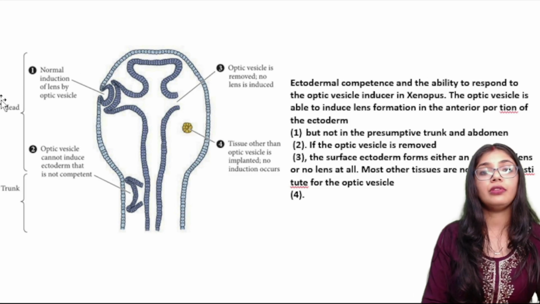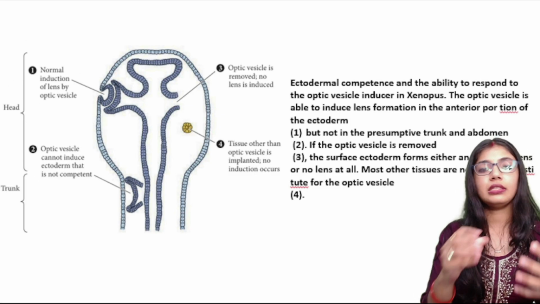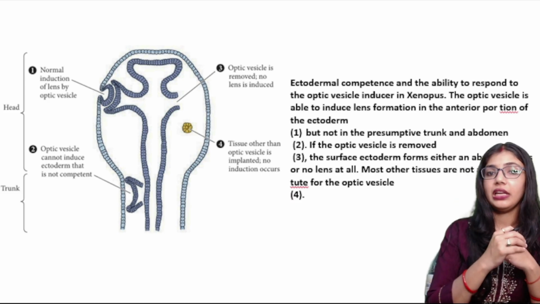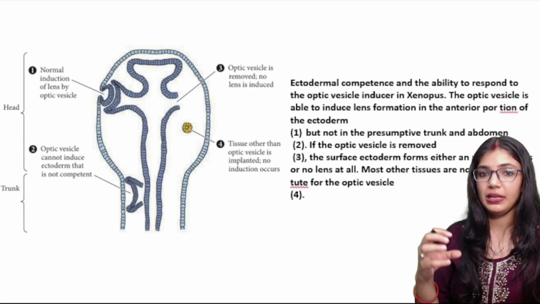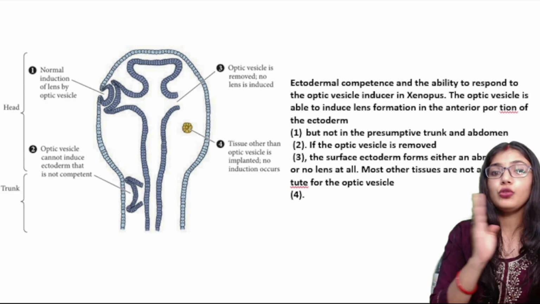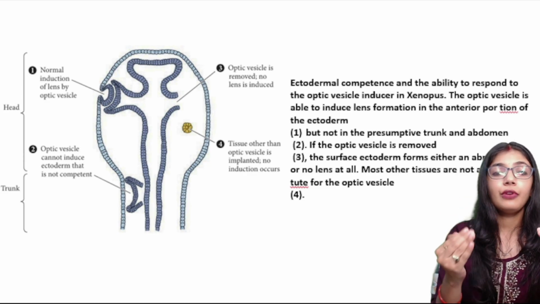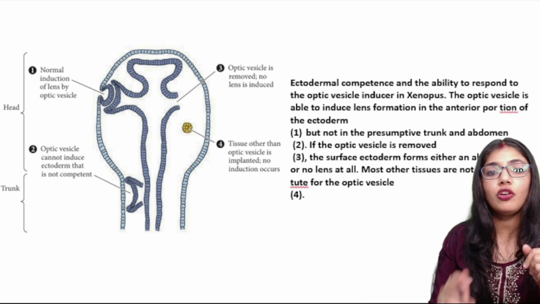There is one experiment which we will discuss. These things happen in a particular place. There are particular places where the eyes will be developed, like on two sides of the brain. If the place is changed, it cannot respond.